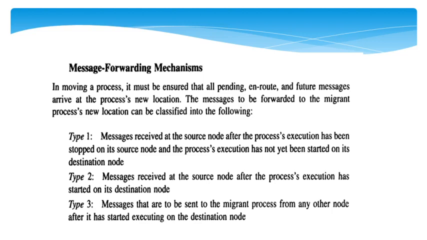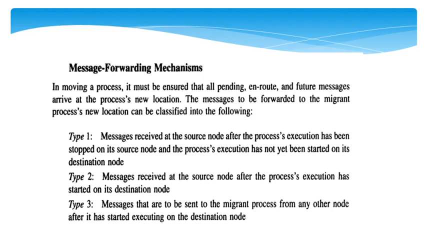In the origin site mechanism, the process identifier of the system will have the origin site embedded in it, and a process's current location can be obtained by consulting this origin site. This origin site then forwards the message to the process's current location.